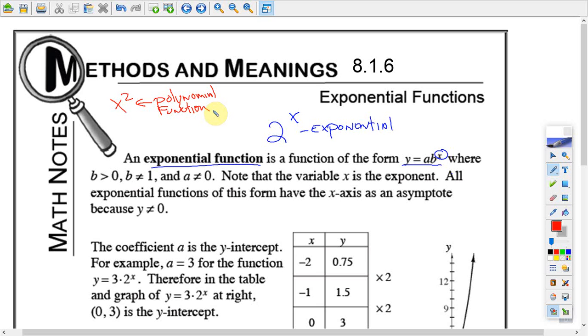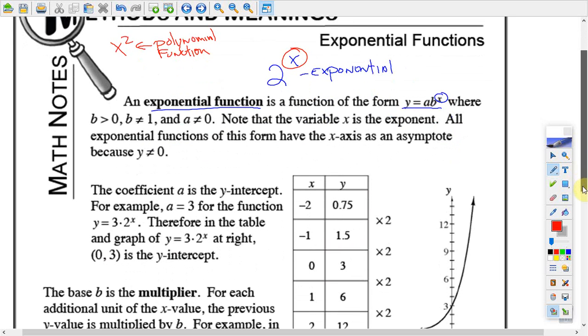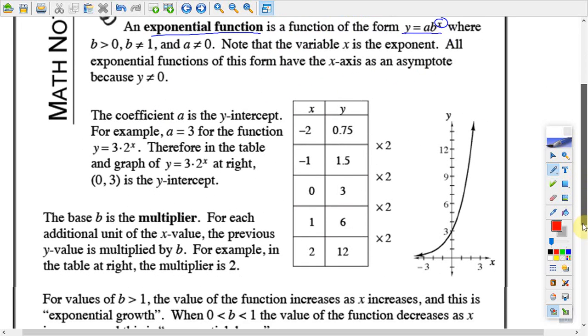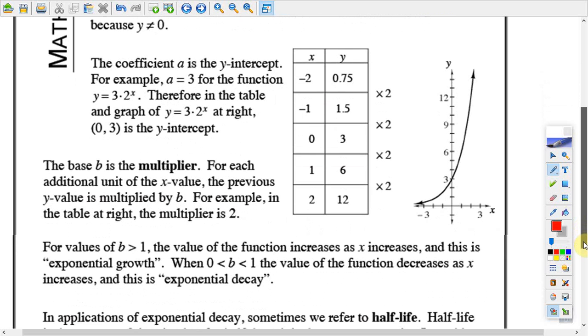So in order to be an exponential function, we need to have the exponent as the variable. Okay? So we're going to go down here and look at our first example.